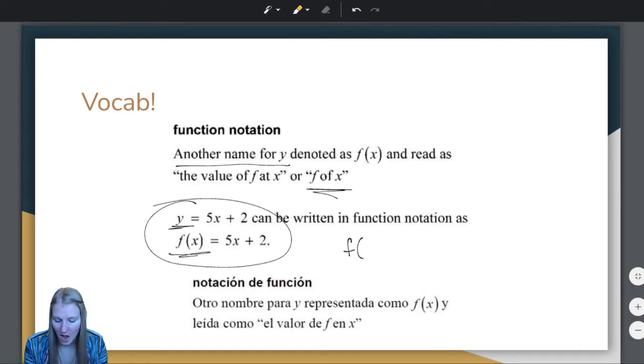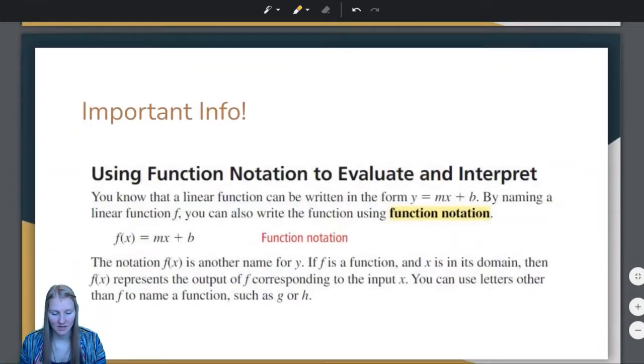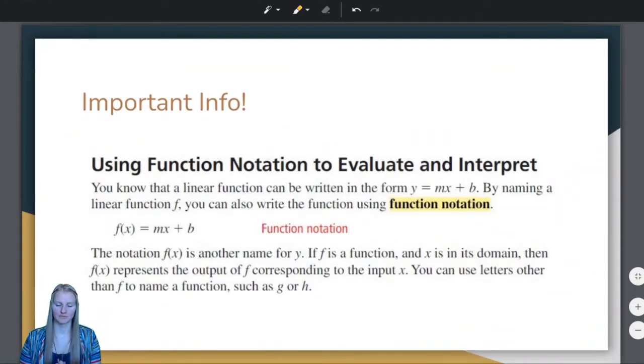So f, parentheses with an x in the middle. And this is the value of f at x. We're going to talk more about what that means right here. So, you know that a linear function can be written in the form y equals mx plus b.